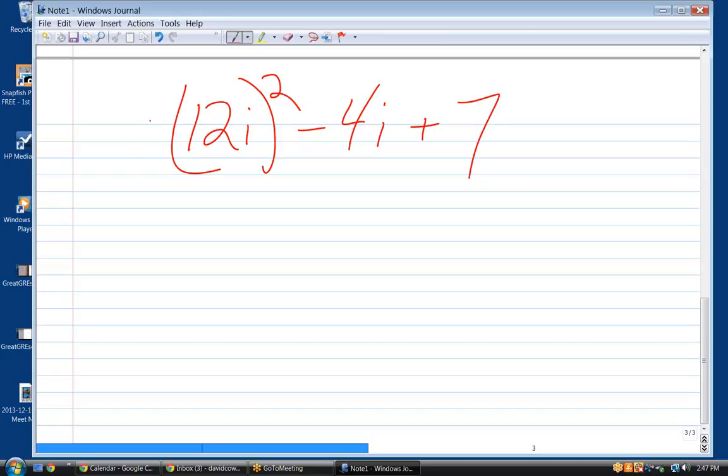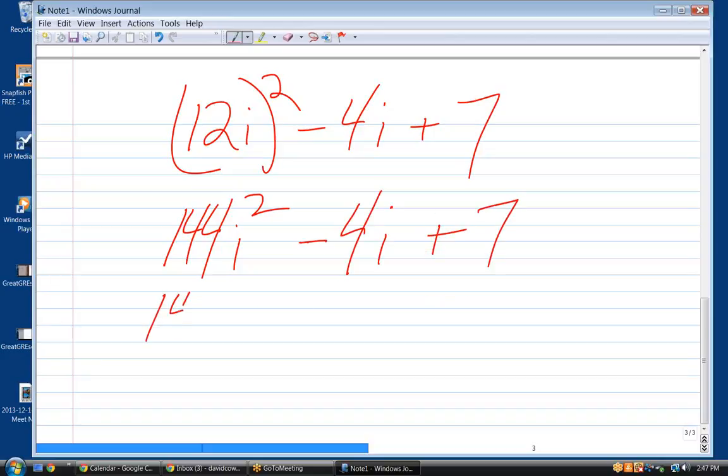Let's perform this square. What do I get when I square that? Is the 12 in parentheses also? Yeah. So the 12 has to be squared, so that's 144. The i turns into i squared, which turns into minus 1.